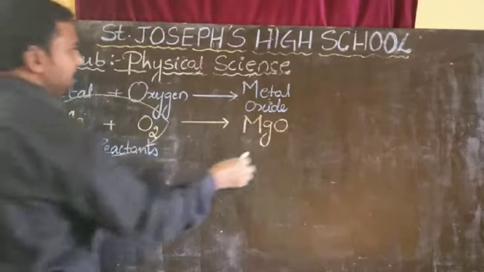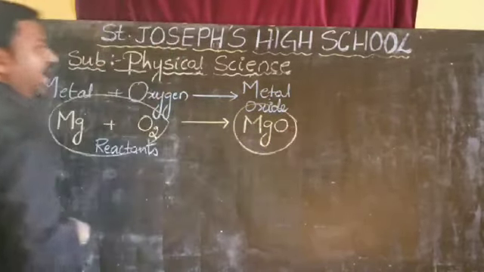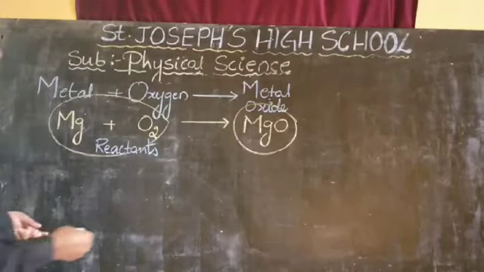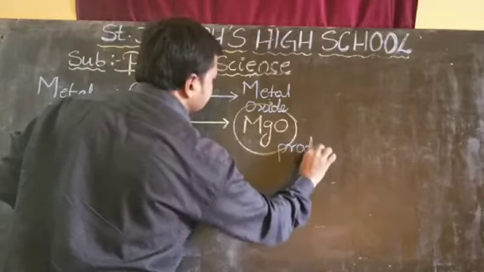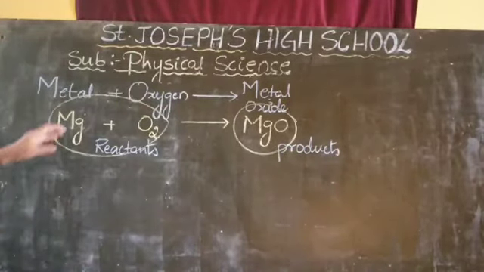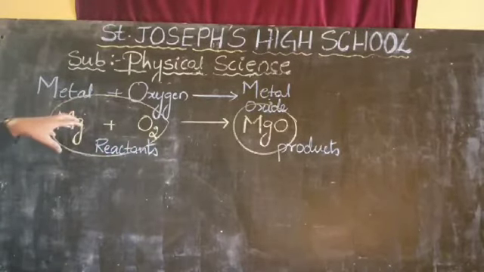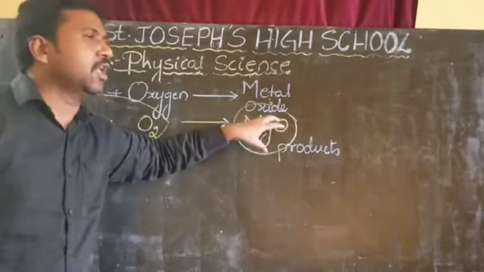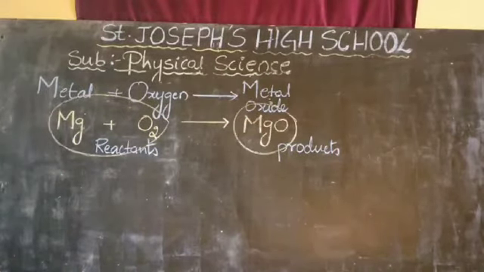Whatever substance is forming after the reaction is called products. Generally, the number of elements on the reactant side should be equal on the product side, due to the law of conservation of mass.